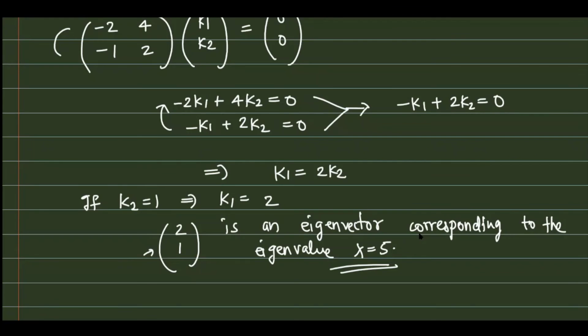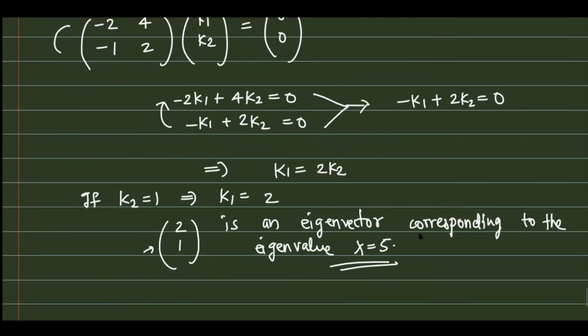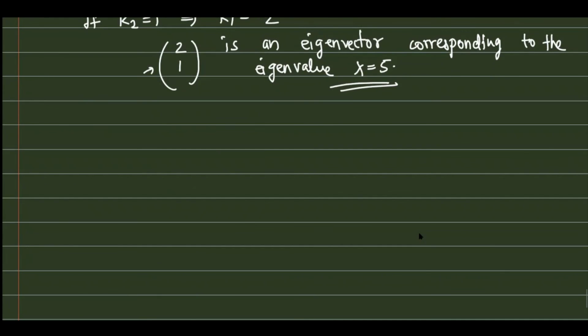So it means that there are so many eigenvectors corresponding to an eigenvalue. So we also notice that eigenvectors can be many. Many eigenvectors exist corresponding to an eigenvalue.